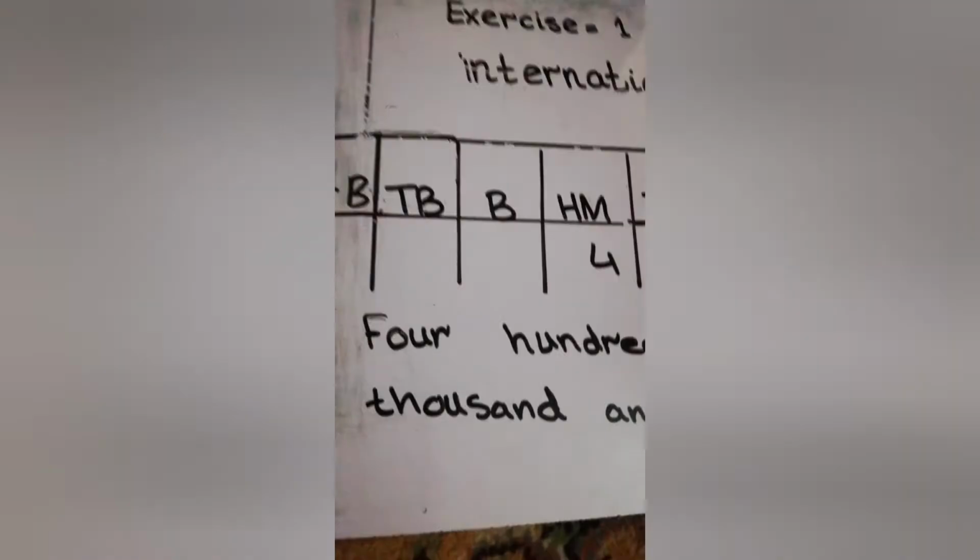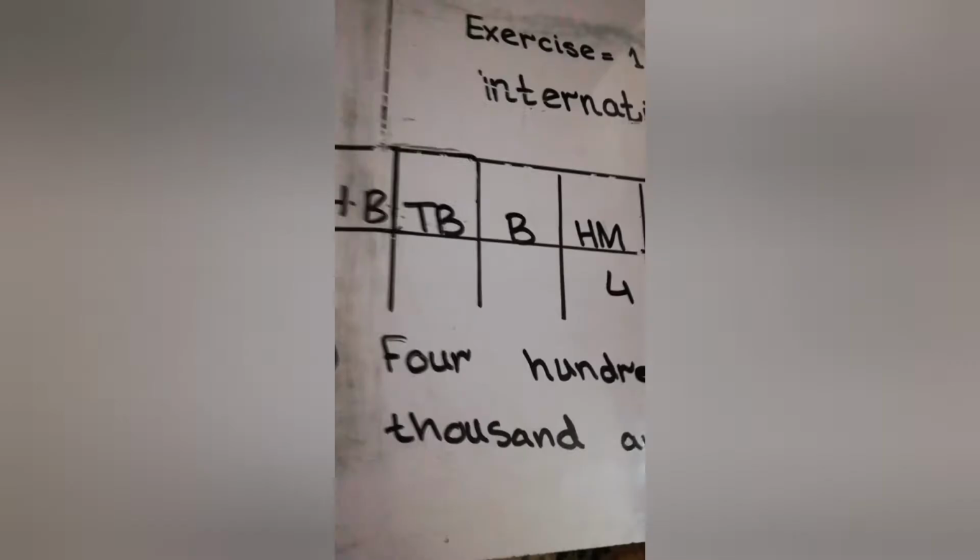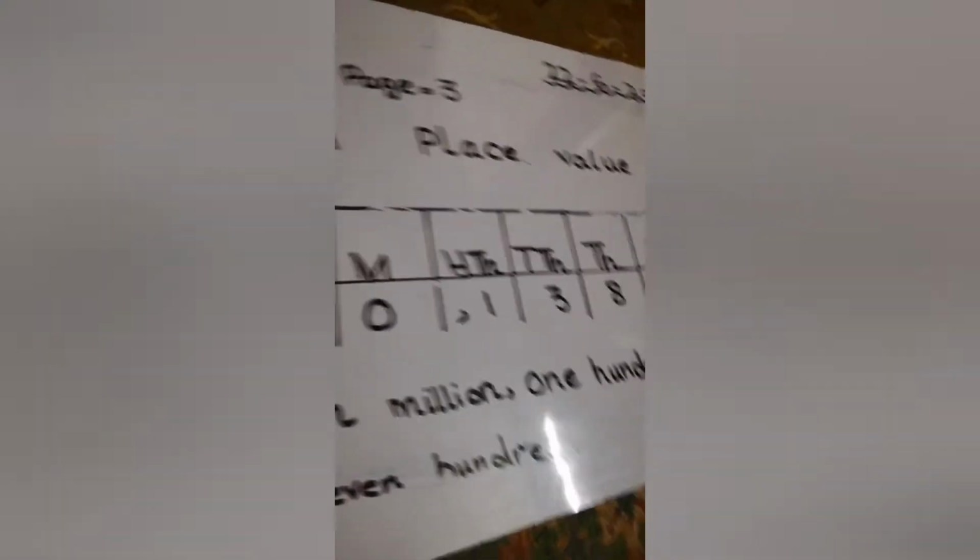It's written the same way: 410 million, 138,700. It's your answer.